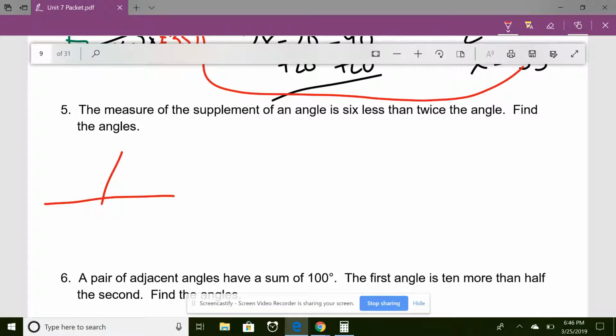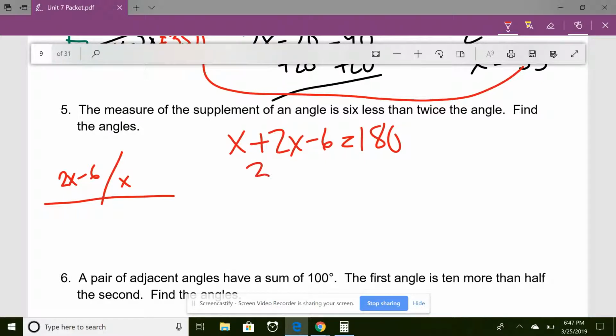This might not be drawn to scale. So 6 less than is minus 6 from twice the angle, 2x minus 6, and the other one is just x. Their relationship is that when you add them together, they equal 180 degrees.